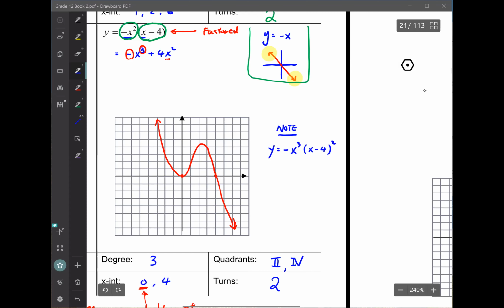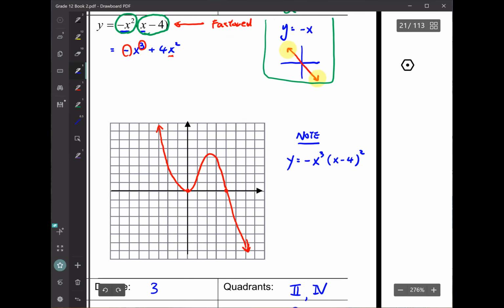And Cindy, where is the double root? 0. 0 has a double root? How do you know? Wait, what was the question again? My question is, where is the double root for this one we are doing?